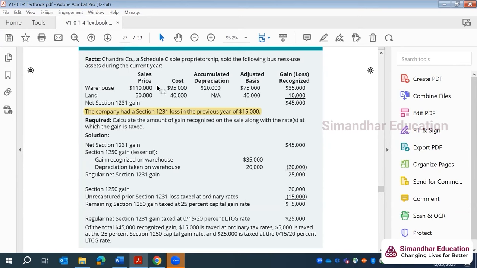Now let's say if I keep the same example and I also say that there is a Section 1231 loss in the previous year for $15,000. What will happen now?